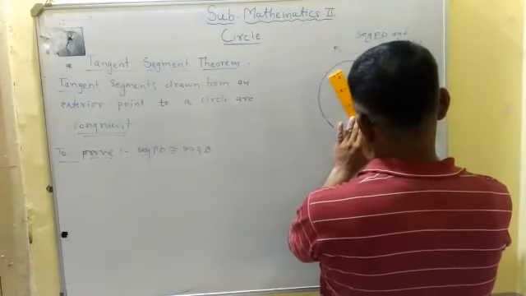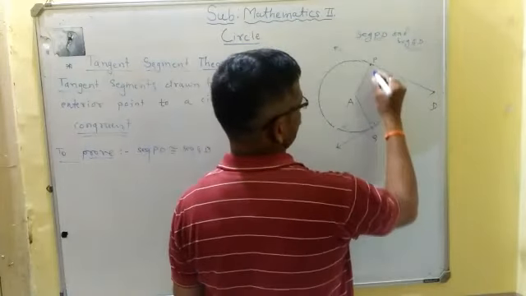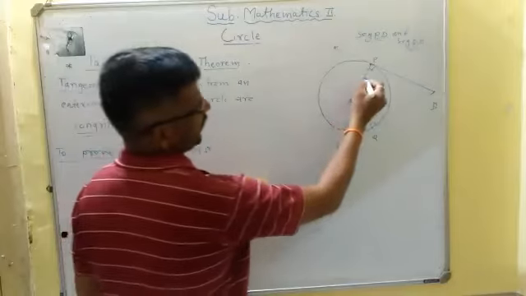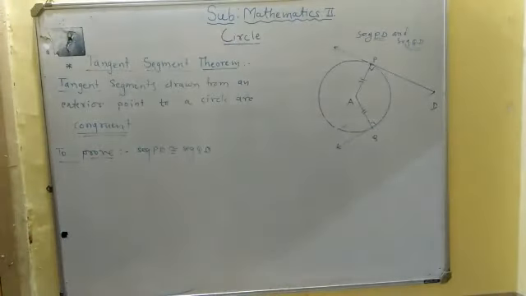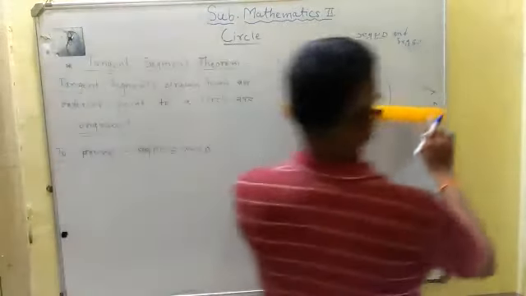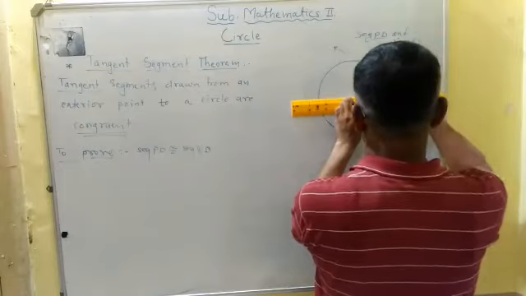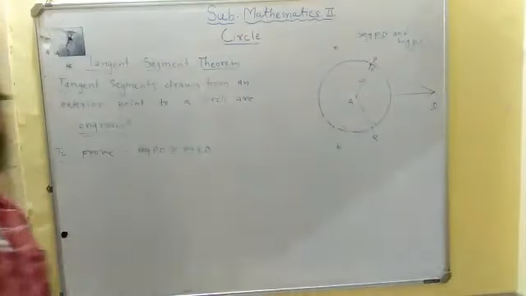Look here. If we construct the radii of the circle with center A at the points of contact P and Q, we get AP and AQ. Those are the two radii of that circle. Also draw the segment AD. We do the construction here.